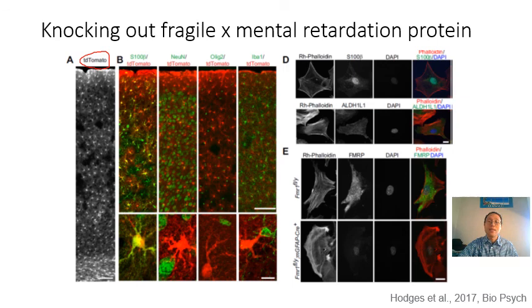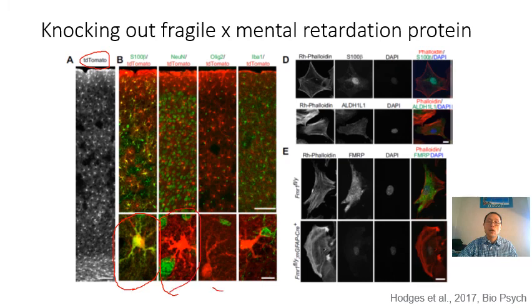Then they want to make sure what exactly these tdTomato positive cells shown in red are. When they looked at them, they stained against S100, which marks the glial cells, and they can see a perfect co-labeling. But they don't see this with NeuN, which labels neurons.